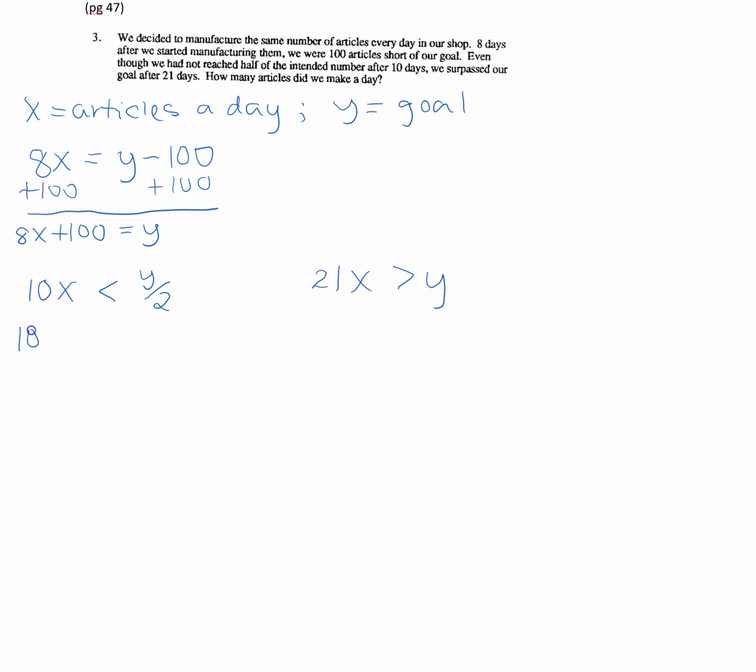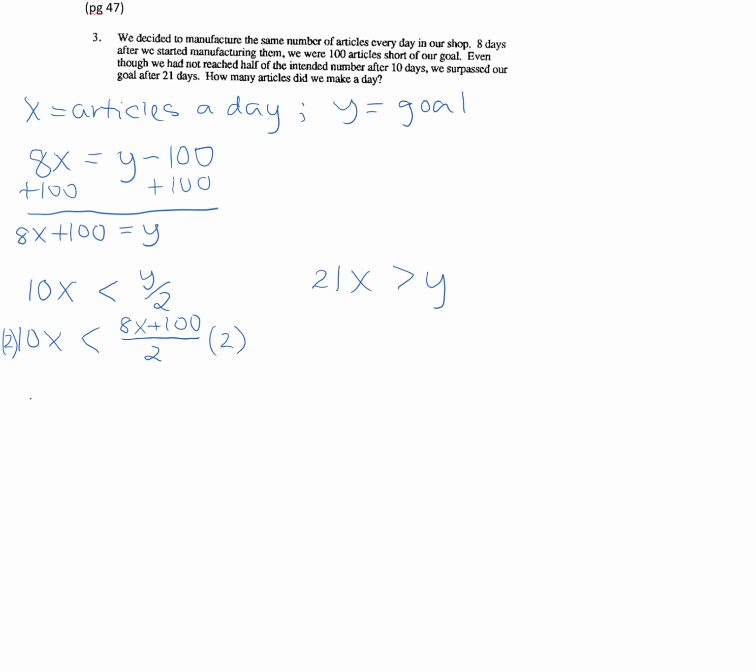So we have 10X is less than Y, which is 8X plus 100, and all that over 2. So now we can solve for X in this case. So first thing I'm going to do is I'm going to multiply both sides by 2. Sorry, that's a bit squished there.